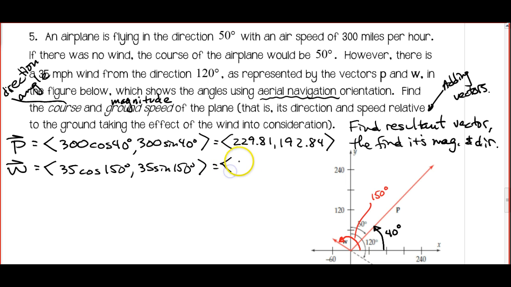So that gives us negative 30.31 and 17.5. Okay, and that would make sense because we see that this vector is in the second quadrant, so it should have a negative x component.